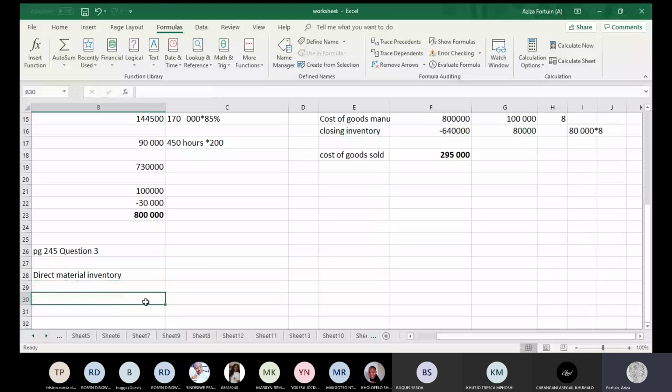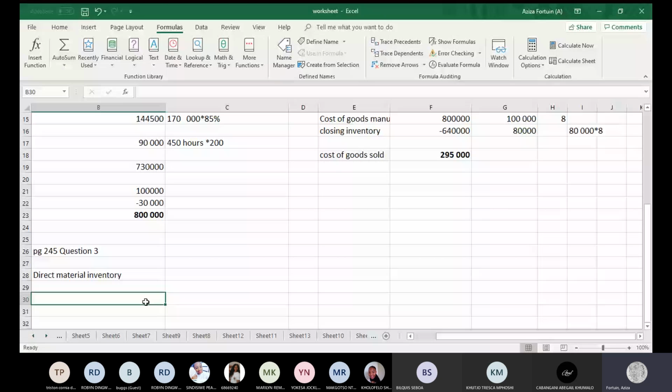So let's read the scenario and then we start with this. Ubuntu Limited produces a single type of wall clock. There were no inventories at the beginning of April, and the following information pertains to the month of April.